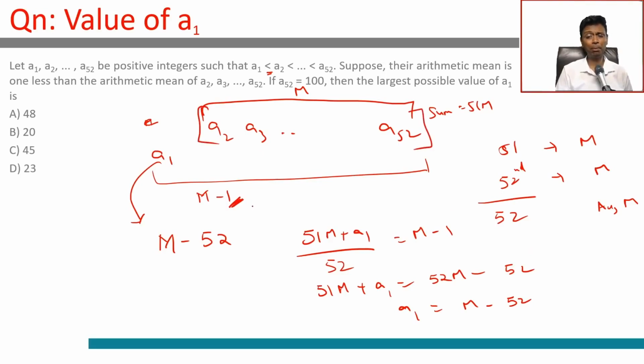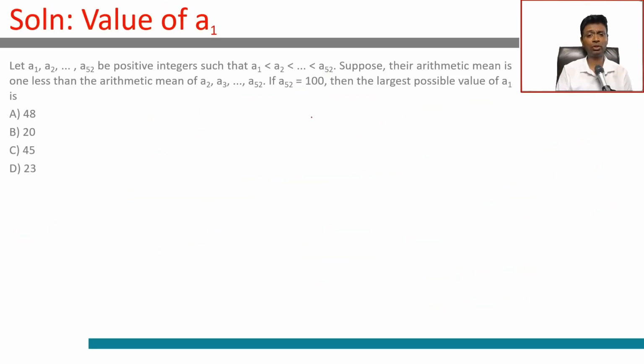We want to find maximum value of a1. When will that be maximum? When average mean m should be maximum. We know all the numbers are distinct. We know that from a2 to a52 there are 51 numbers. So what is the maximum possible average of 51 distinct natural numbers where the largest is 100?